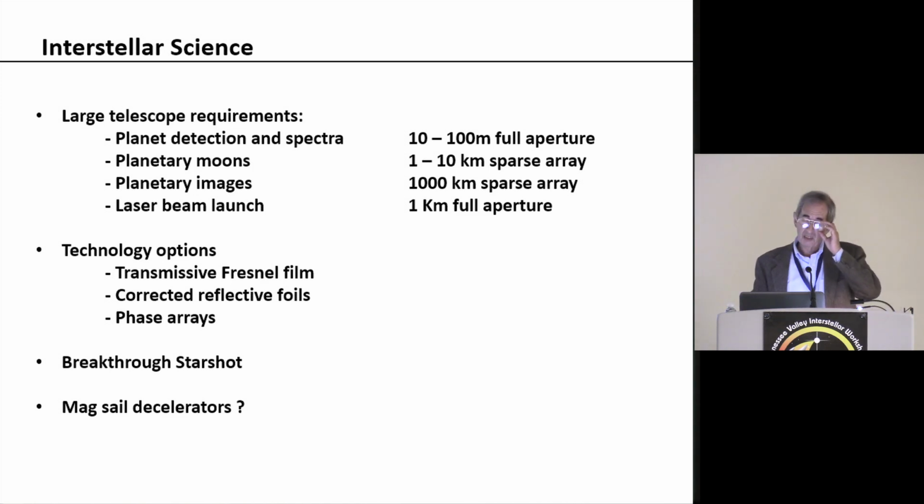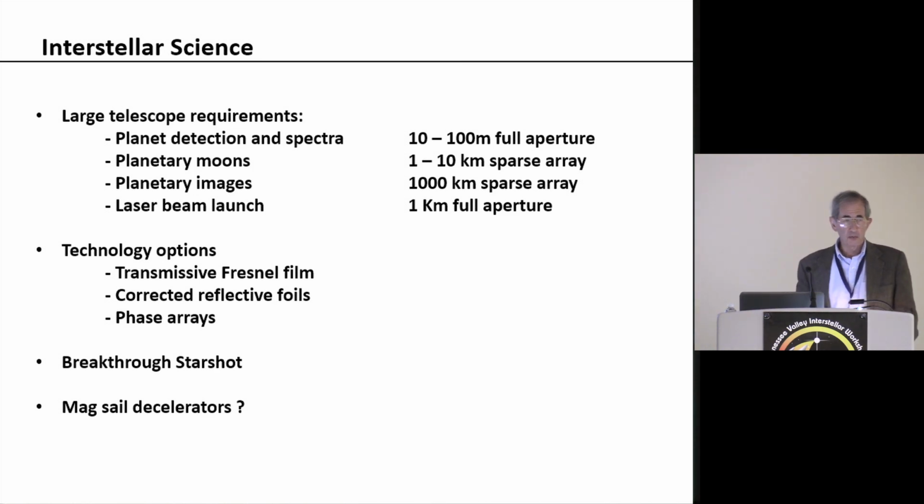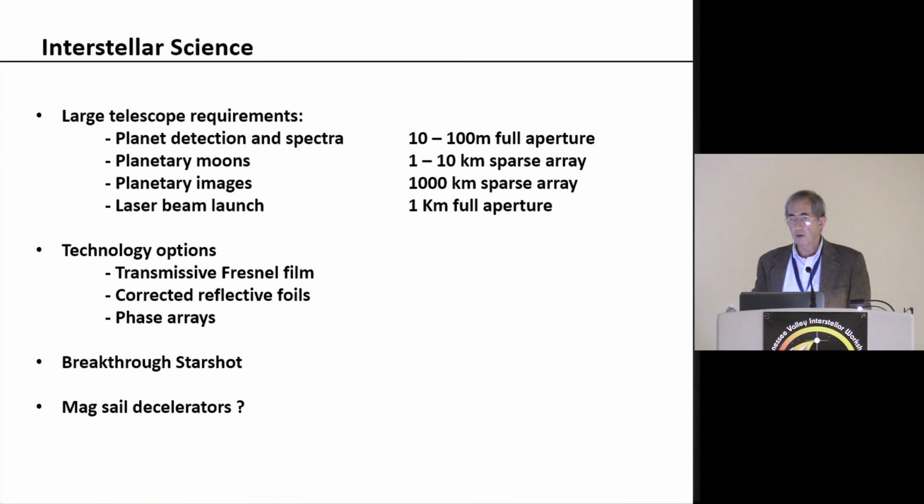Interstellar science: I just looked up some requirements to see how you can get telescopes doing things that the current telescopes cannot do. If you want to do planetary detection and discriminate from the light of the star, you probably want things up in the 10-meter full aperture scale. If you want to look really deep, you can maybe push that to 100-meter apertures.